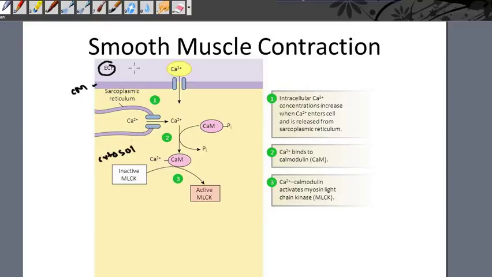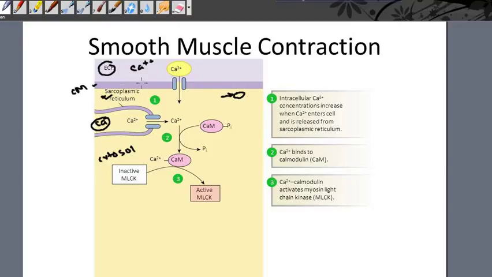Calcium is mainly located in the extracellular fluid, and inside the smooth muscle cell there is a structure called the sarcoplasmic reticulum, and calcium is basically sequestered in the sarcoplasmic reticulum. There is basically no calcium in the cytosol, so cytosolic calcium concentration tends to 0.